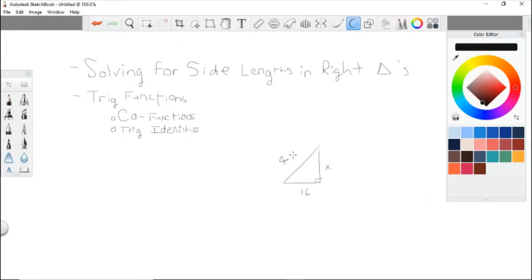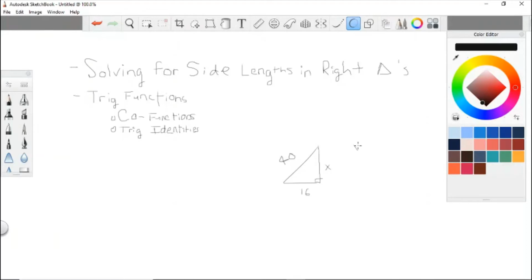So 40 is the hypotenuse, x is one of the legs, 16 is one of the legs. So in previous videos we have discussed the Pythagorean theorem and how that can be used to find unknown lengths. So let's use that.